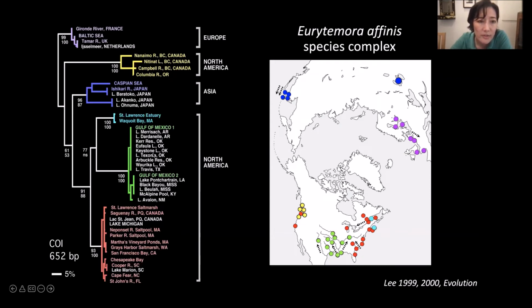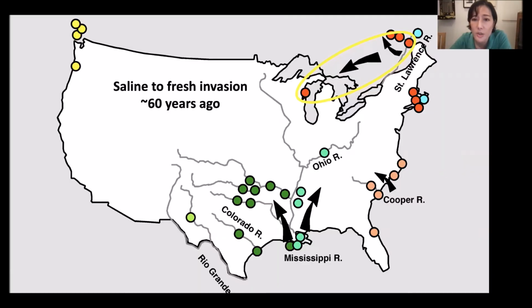These freshwater invading populations have arisen multiple times independently from genetically distinct clades represented by different colors in different geographic regions throughout the world. So there have been independent invasions from the Atlantic clade, shown here in red, and independent invasions from the Gulf clade, shown here in green. And these provide replicated tests for adaptation.